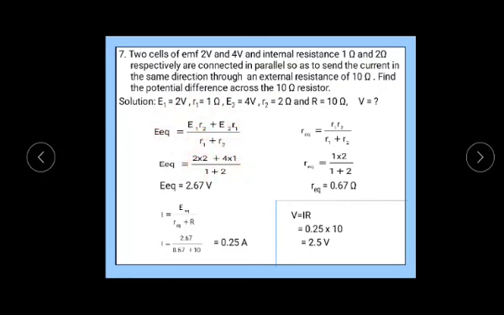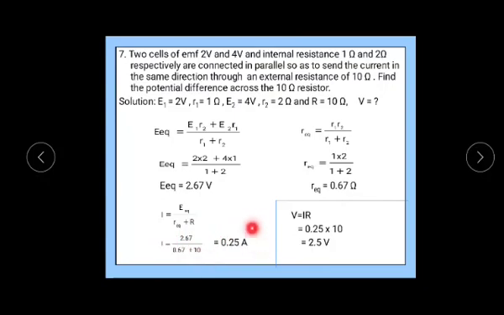Substitute the values, you will get 2.67 volt. Then R equivalent is R1 R2 divided by R1 plus R2. Substitute the values, you will get 0.67 ohm. Now use the formula I is equal to E equivalent divided by R equivalent plus capital R. Substitute the values, 2.67 divided by 0.67 plus external resistance 10.